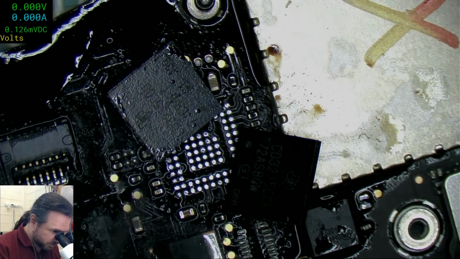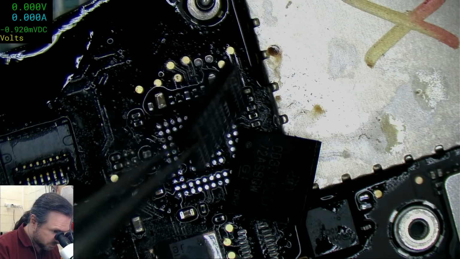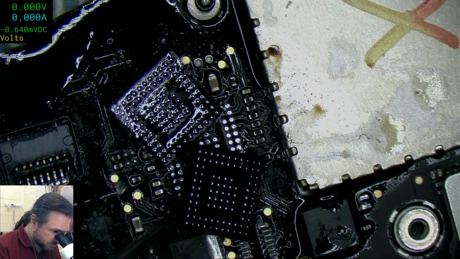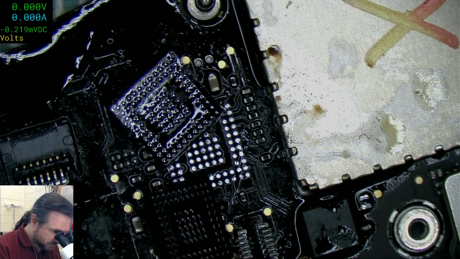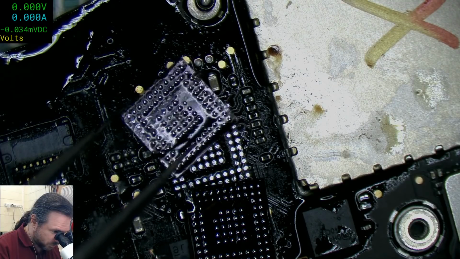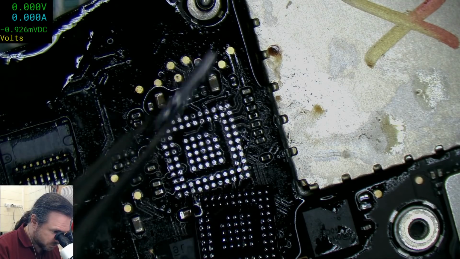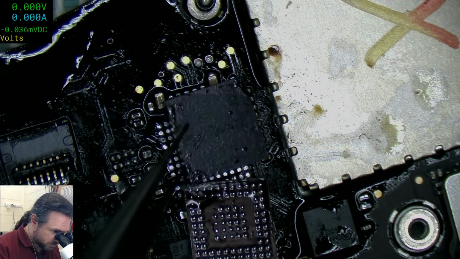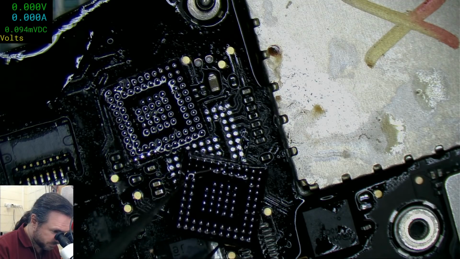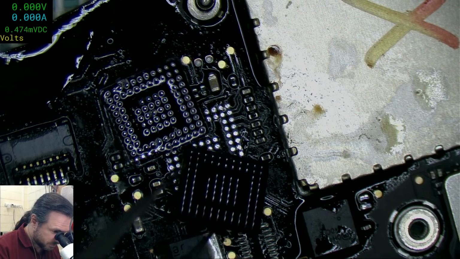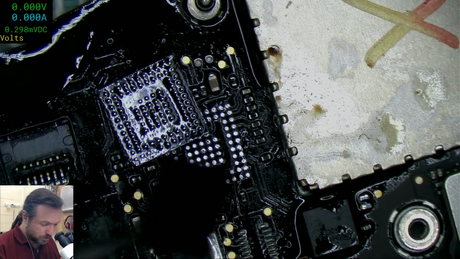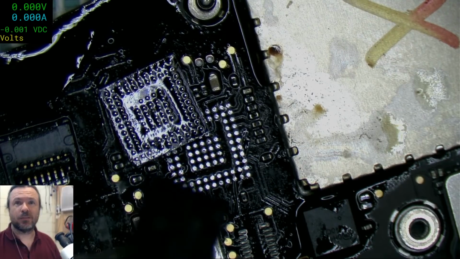We don't actually know which one of these... So I'm about to either reball the one I just reballed. What a pain. Oh well. 50-50.